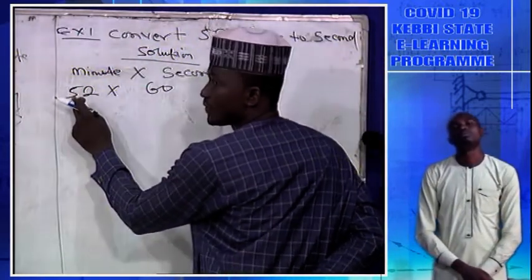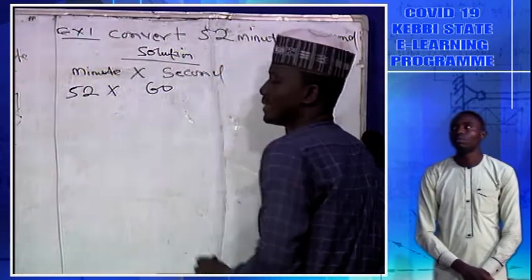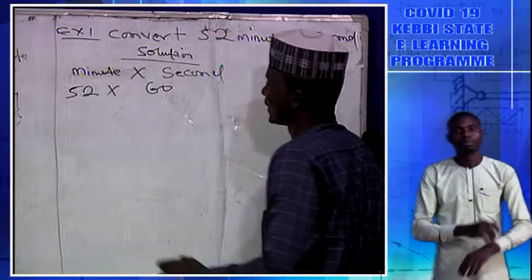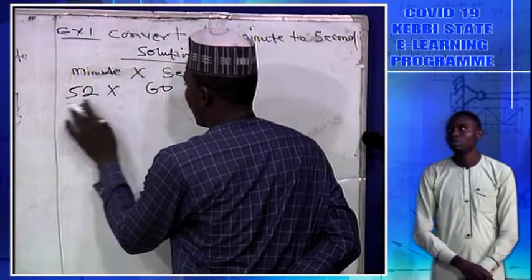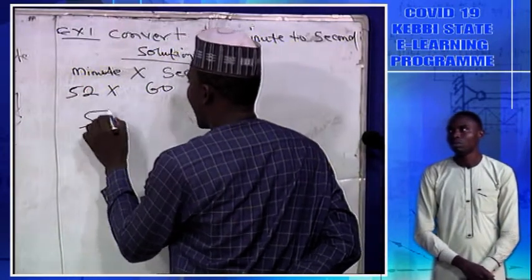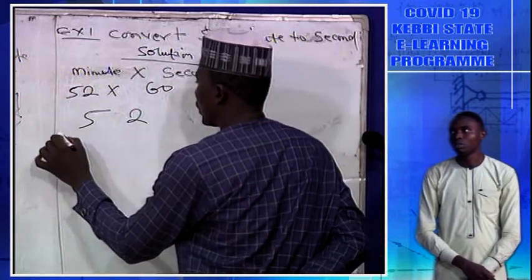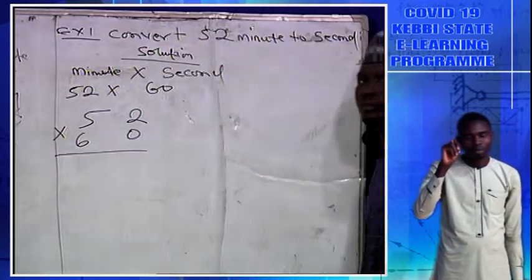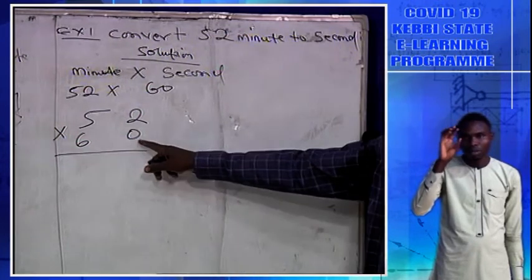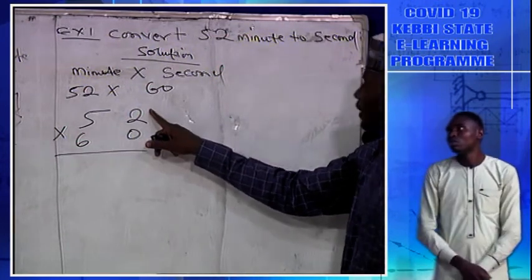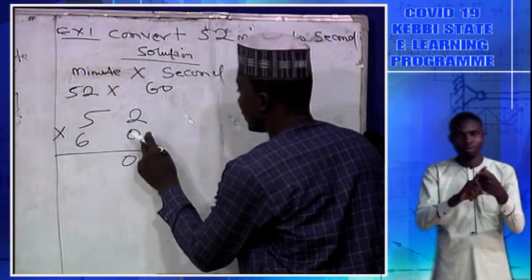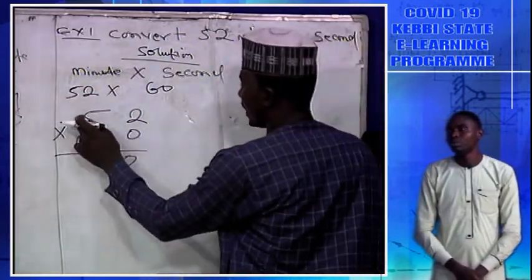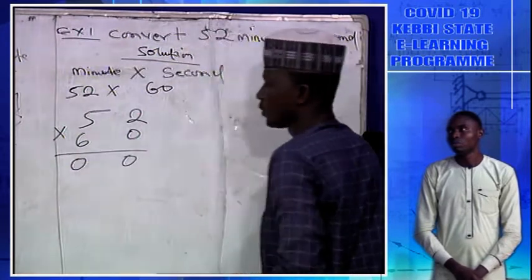Now, 52 times 60. How can we get 52 multiplied by 60? 5, 2 times 6, 0. 0 times 2 is 0. Anything multiplied by 0 is 0. 0 times 5 is 0.